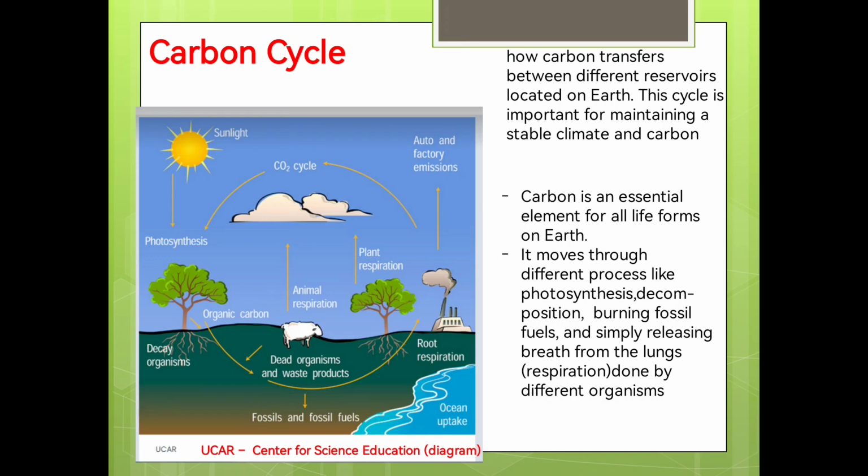Through the forest, pag maraming tanim na kahoy, punong kahoy, it soaks up or absorbs a lot of carbon dioxide that would otherwise live in the atmosphere. So yun yung cycle.